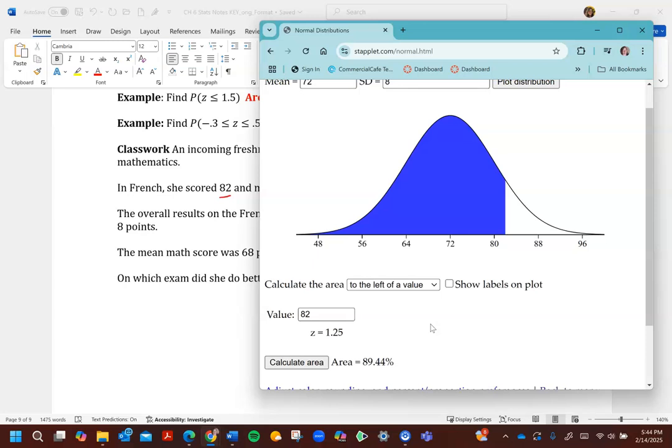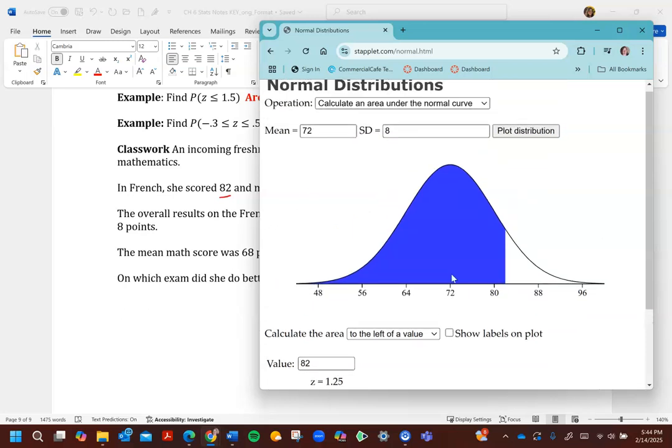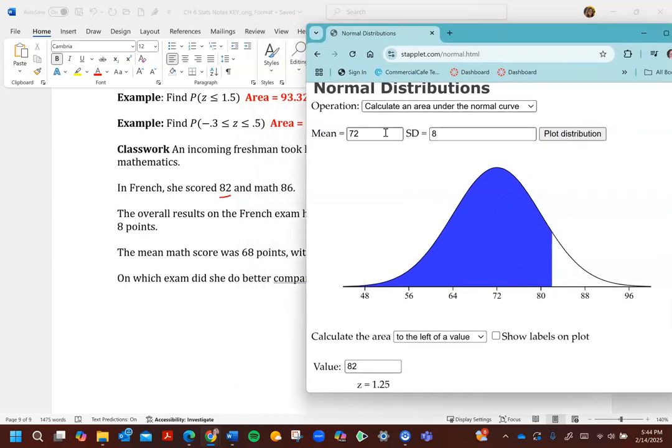Now we'll go through the math. If you didn't do one on your own yet, try to make sure you can get those values in there. And we'll do the math. So you can pause the video and do that now if you haven't done it already. So math was 86. No, that's our score.